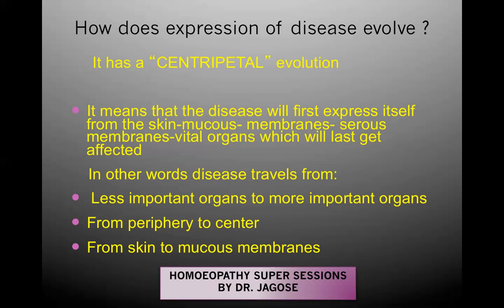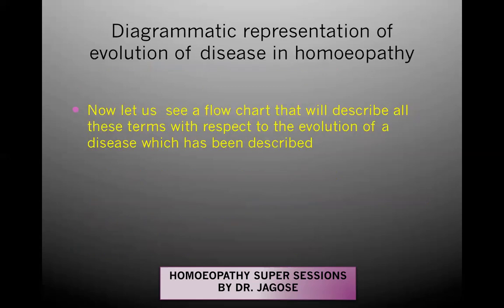So we are seeing the disease expression, that is the signs and symptoms which the patient exhibits, as a centripetal evolution. That means it goes from the less important organs to the more important organs, or from the periphery to the center. Now let us see a flow chart which will describe all these terms with respect to the evolution of a disease which has just been described.